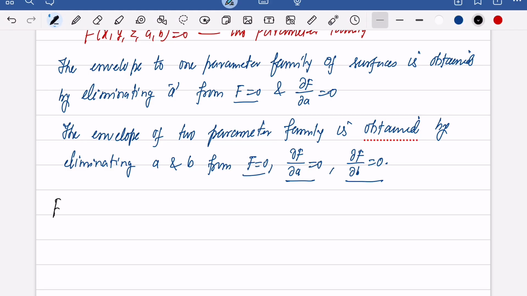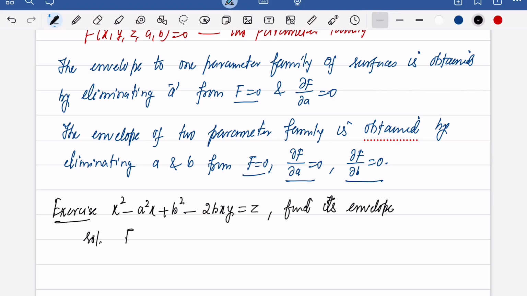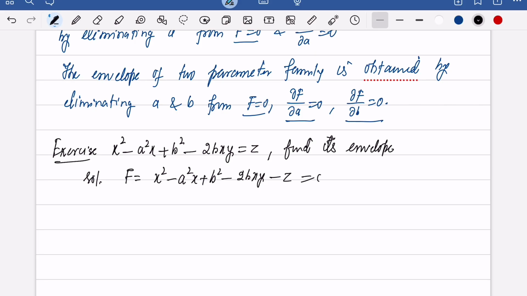Now here we take one exercise that we shall solve quickly. The exercise is x square minus a square x plus b square minus 2bxy is equal to z. So find its envelope. In the solution, we write f is equal to x square minus a square x plus b square minus 2bxy minus z, and call this equal to 0.